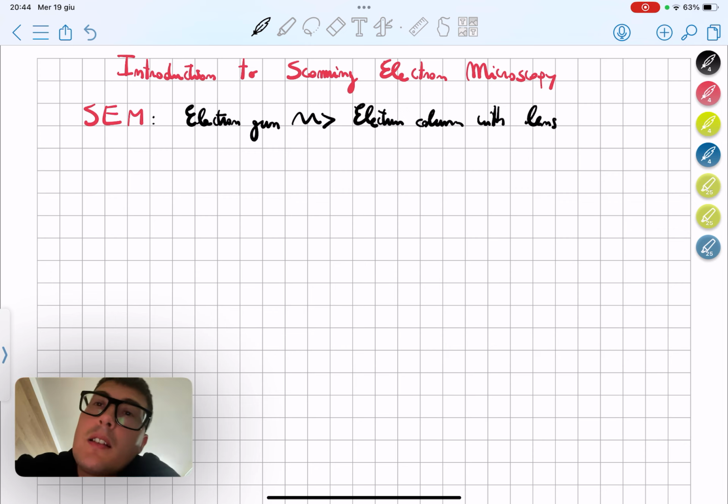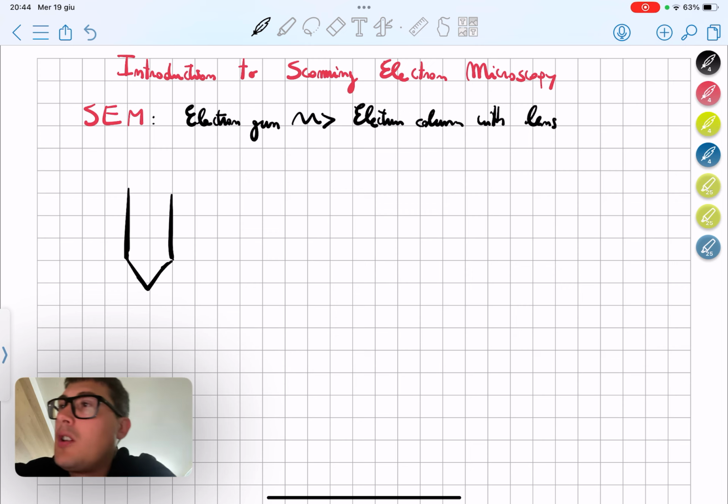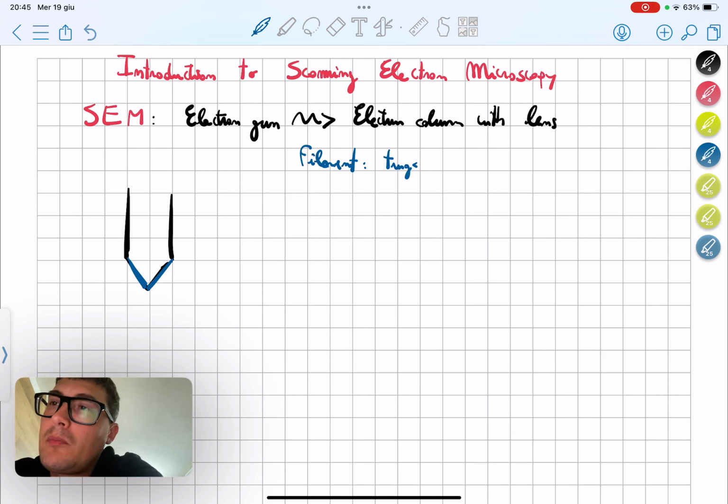So the electron gun we can picture in our mind as a filament. So this blue one is the filament. The filament historically is made of tungsten, which has proved nice for the last 70 years.